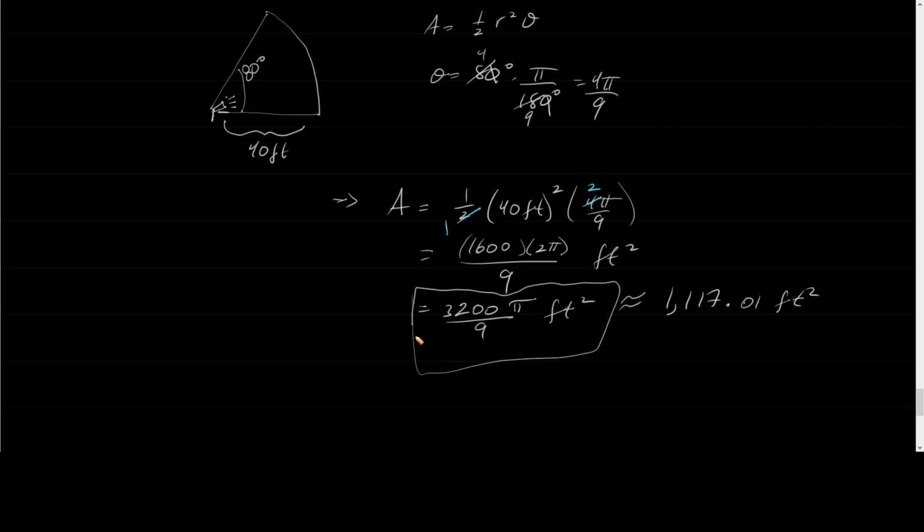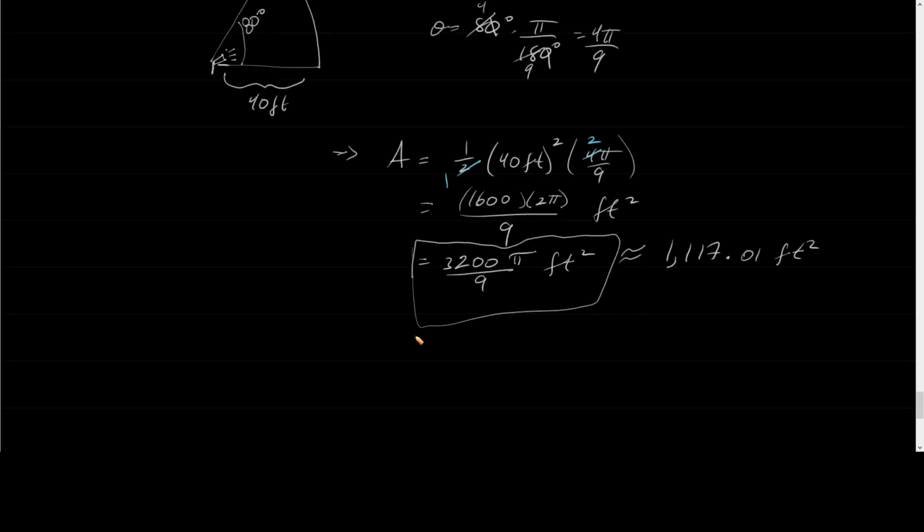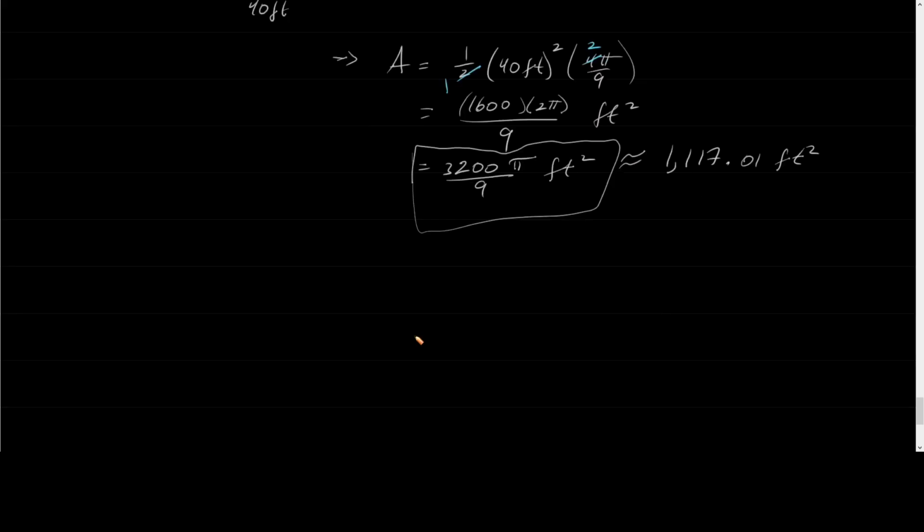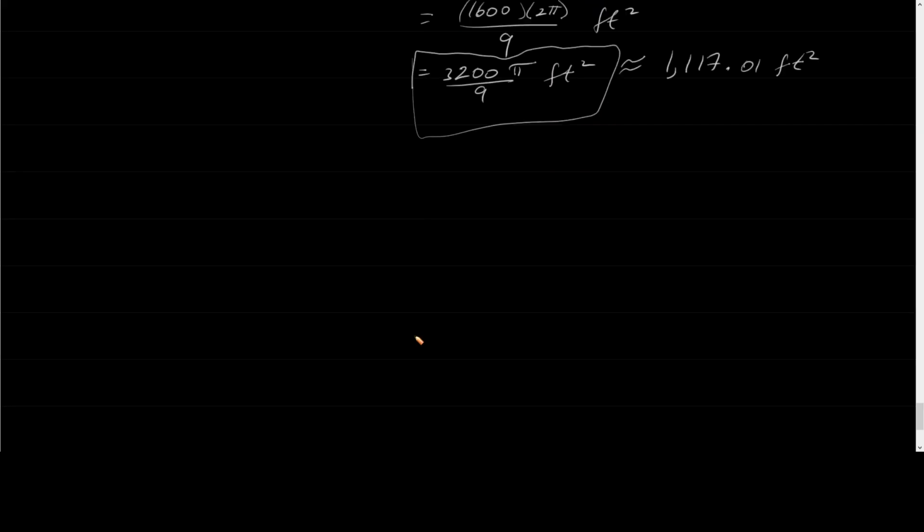All right, so that was the area of a sector. Now, that one wasn't too bad. Let's talk now about arc length. How to find the arc length. Now, if you recall from earlier, we had that theta was equal to arc length over radius.